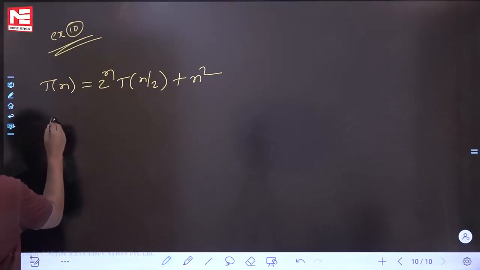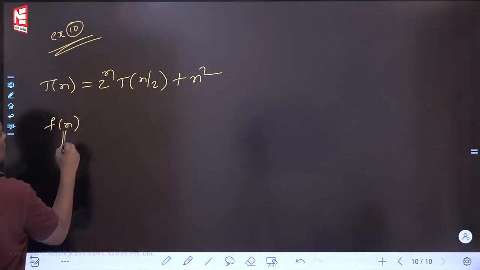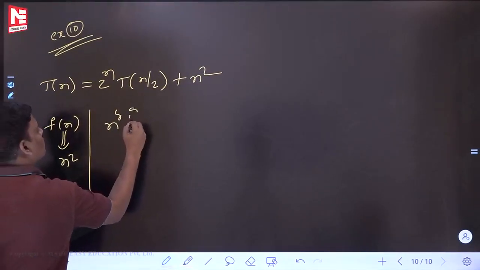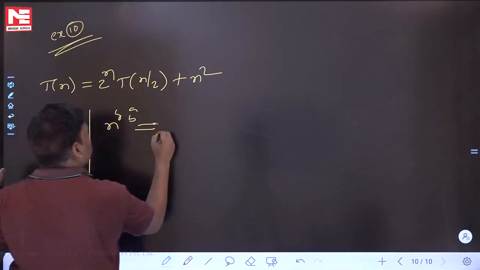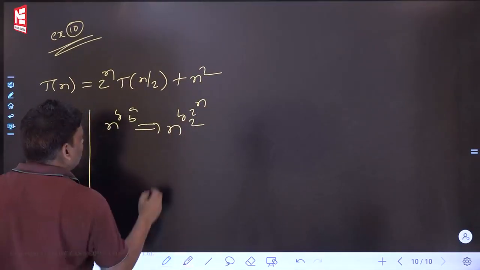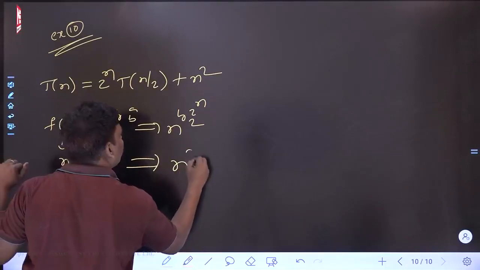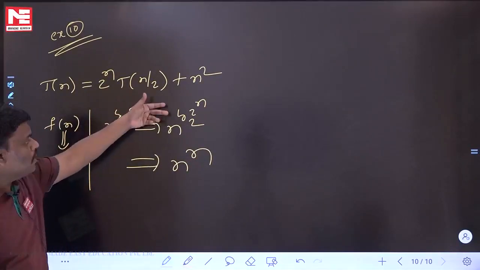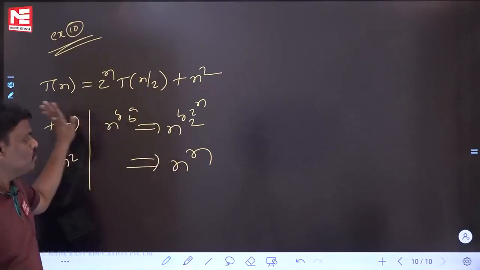What is f(n)? n square. What is n power log a base b? It becomes n power log 2^n base 2, which becomes n power n. So f(n) is n square and n power log a base b is n power n. That is okay.